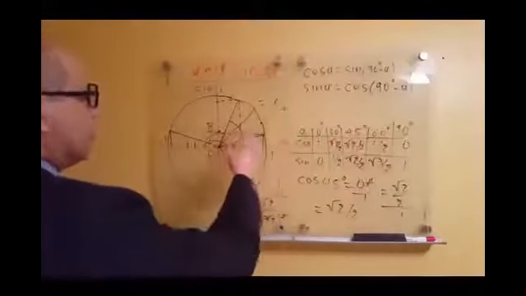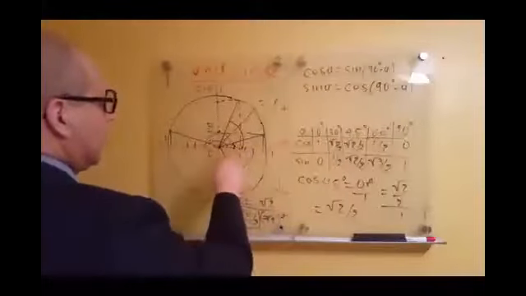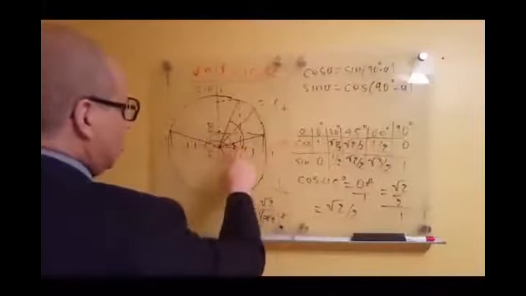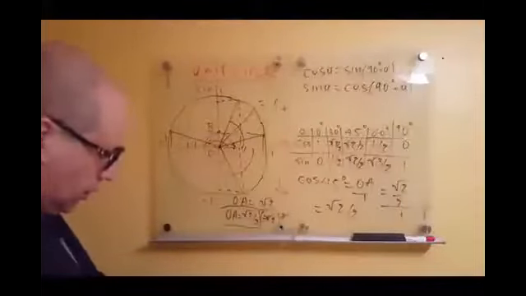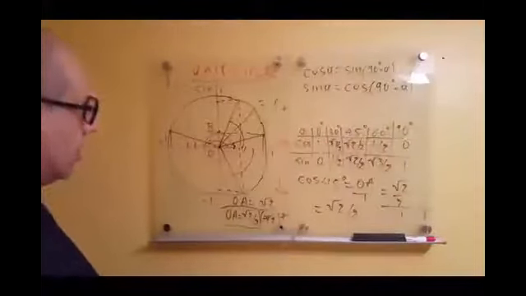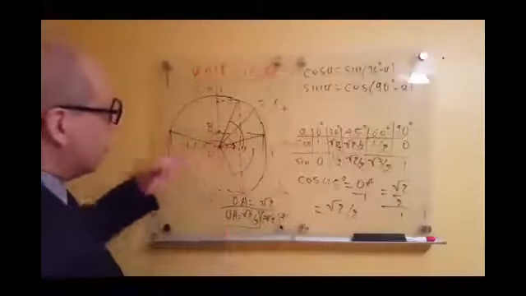So angles that sum up to 360 degrees have the same cos and opposite sines.